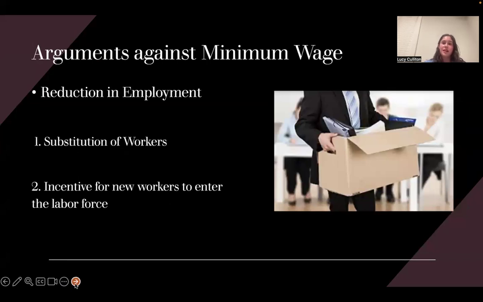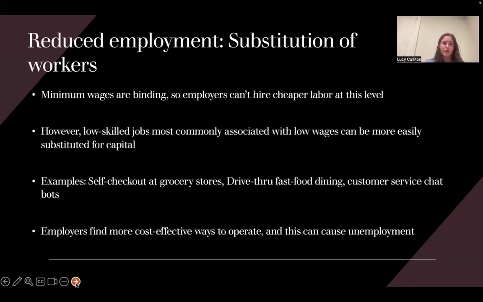There are some arguments against minimum wage in that it reduces employment through the substitution of workers and an incentive for new workers to enter the labor force that I'm going to discuss now. So looking at reduced employment through the substitution of workers, minimum wages are binding, so employers technically can't hire cheaper labor at this level below the minimum wage.